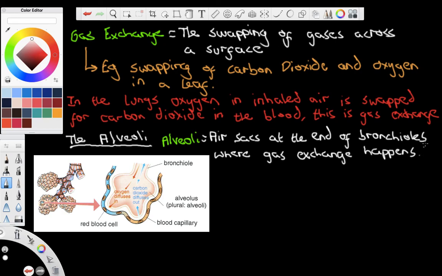Okay, so the alveoli are air sacs at the end of bronchioles where gas exchange happens.